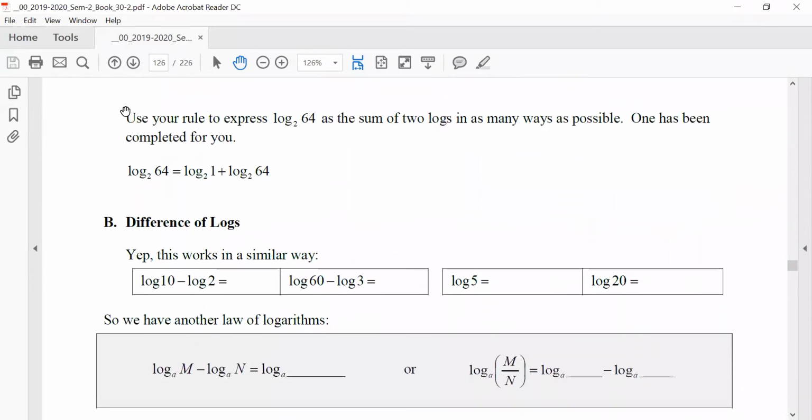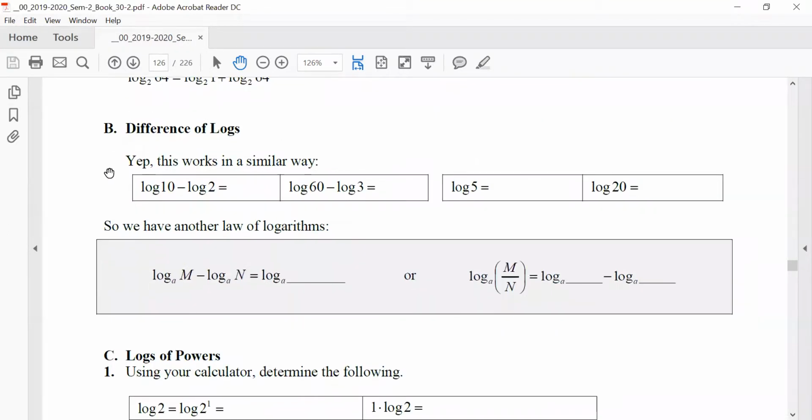Cool. So then we go to part B here, and it says the differences of logs. Well, like in the video I said, if multiplication turned into addition, division is going to turn into subtraction. Boom. Or if I'm subtracting, I can combine it into one.